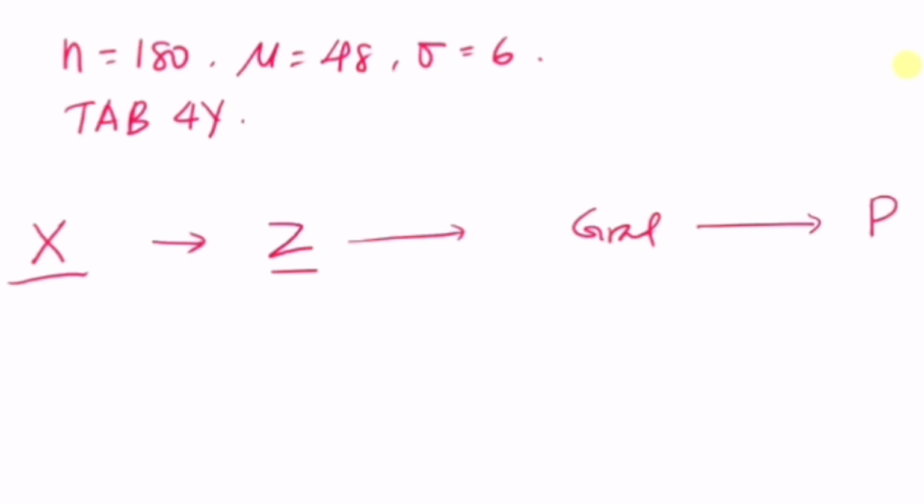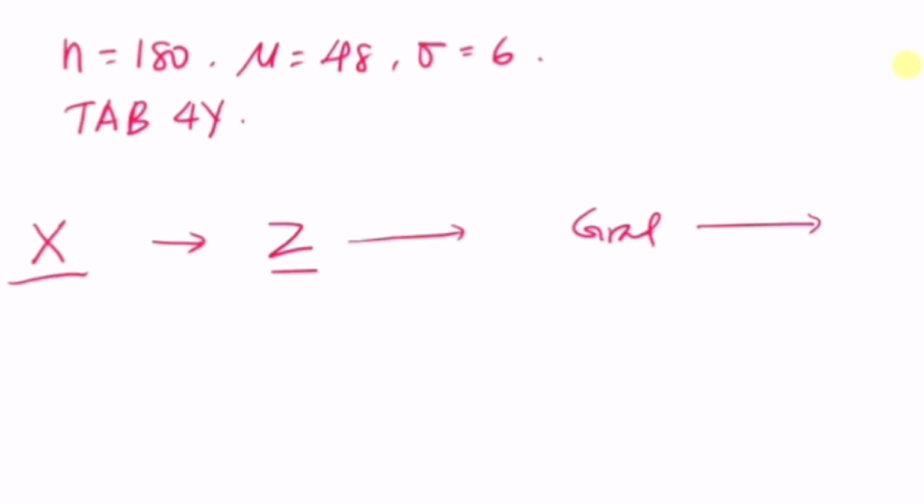If they ask you to find the p, start from x. That is the 4 steps you must list down. Then we will fill in accordingly, step by step, from step 1, x, then to z, then to the graph, and then to the p. Are you ready to jot down? You can try to jot down first before I show you the proper step for the next step.